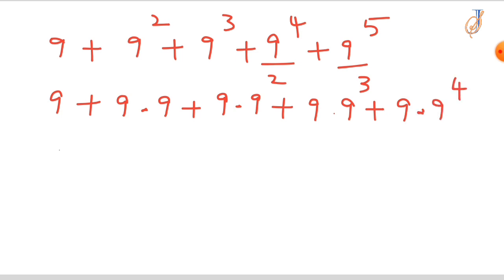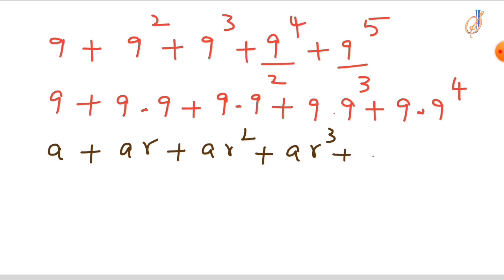It is in the form of a plus ar plus ar power 2 plus ar power 3 plus ar power 4, and if the expression continues it will go on, plus ar power n.